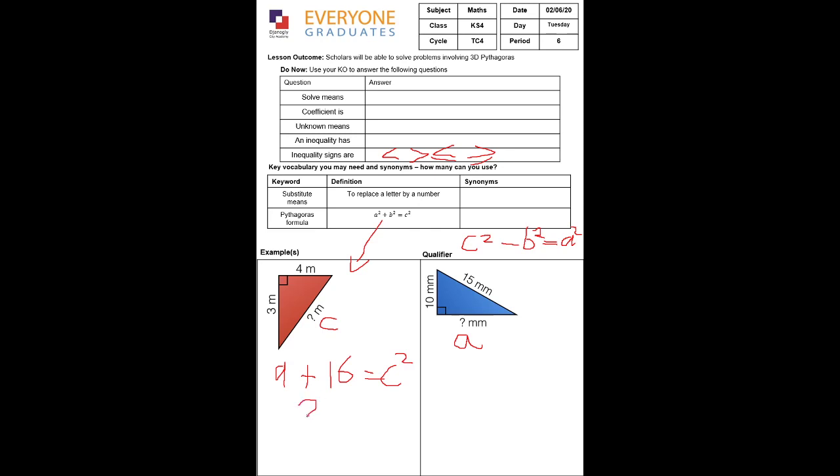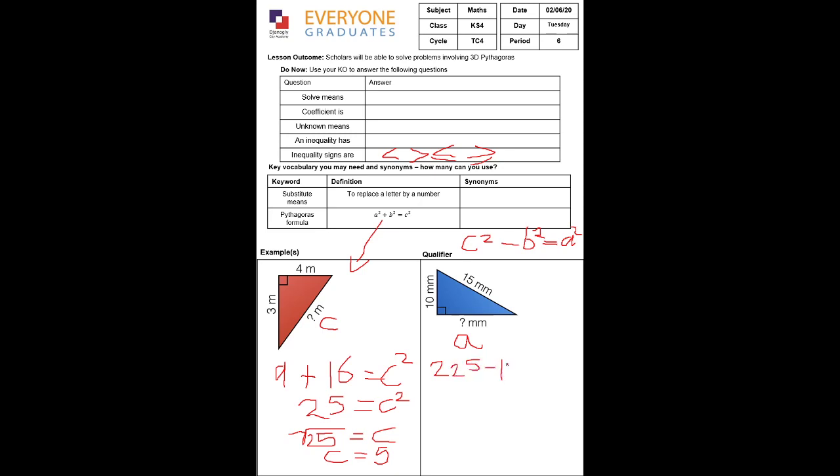So 25 equals C squared. Square root of 25 equals 5, equals C. So C, I've switched it round because we like to have our variable on the left. C equals 5.